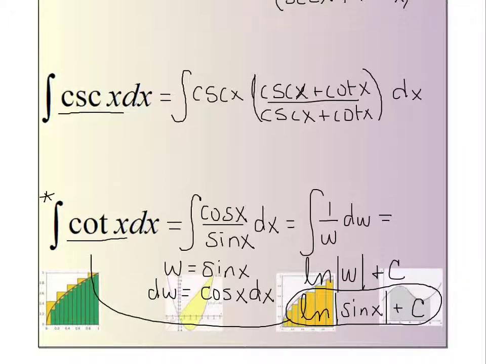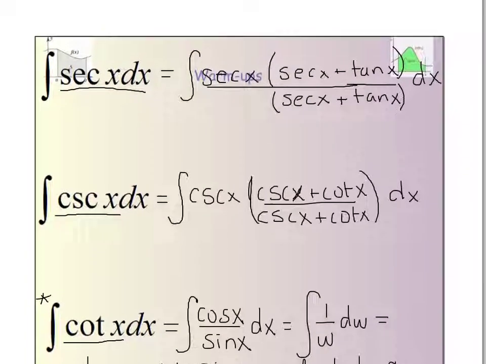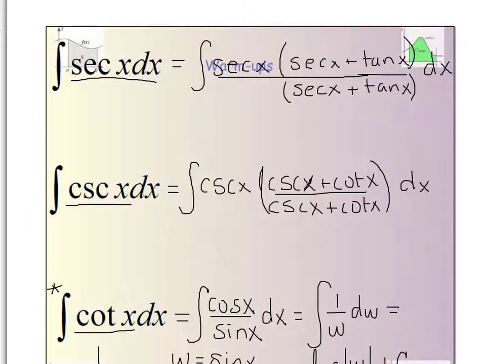Now back up to these guys here. Did you guys discover or look at this more closely and say, why would we multiply by this disguised version of 1? It's really rather weird.